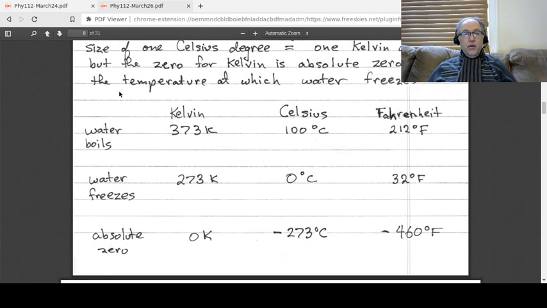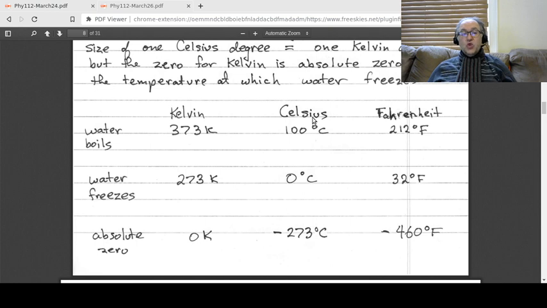We can actually compare the Kelvin scale, the Celsius scale, and I put in there the Fahrenheit scale just for another comparison to show you. And so we can take a look at 3 reference temperatures now. We can look at absolute 0, and in Celsius, that's minus 273 degrees Celsius. Water freezes at 0 degrees Celsius, and water boils at 100 degrees Celsius.